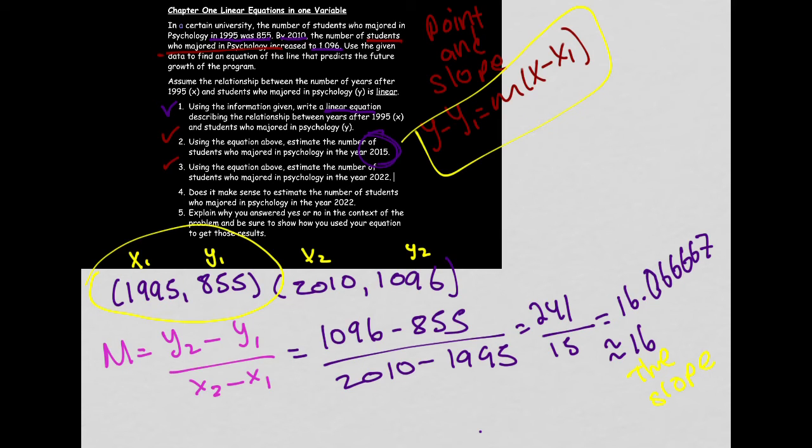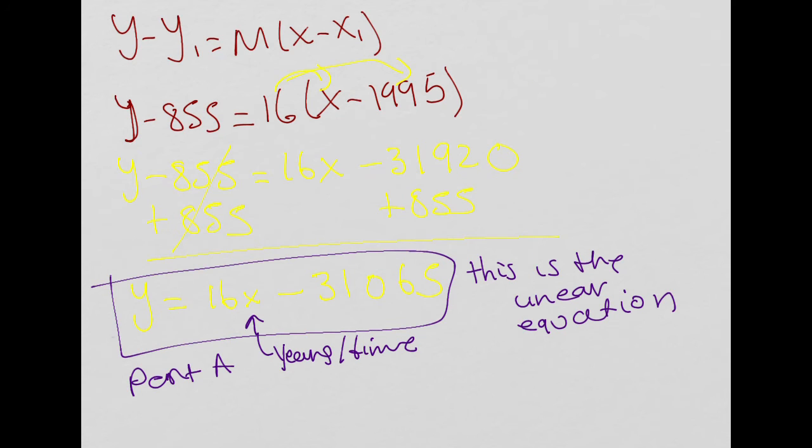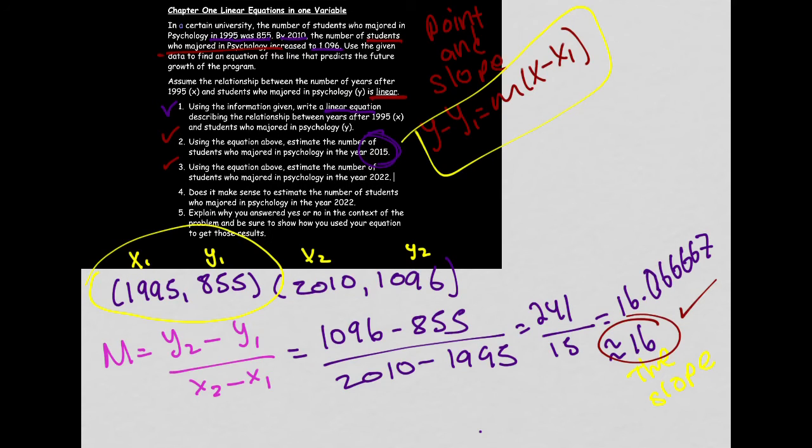Now, does it make sense to estimate the number of students who major in psychology in the year 2022? It is linear, so it's increasing or decreasing at a specific rate. We had a positive slope, which means we're going to go up. If you notice, we started with, in 1995, 855. Then by 2010, which is 15 years, it grew to 1,096. So it wasn't that much of a growth. It did grow, but after 15 years, it only grows a certain amount of students.